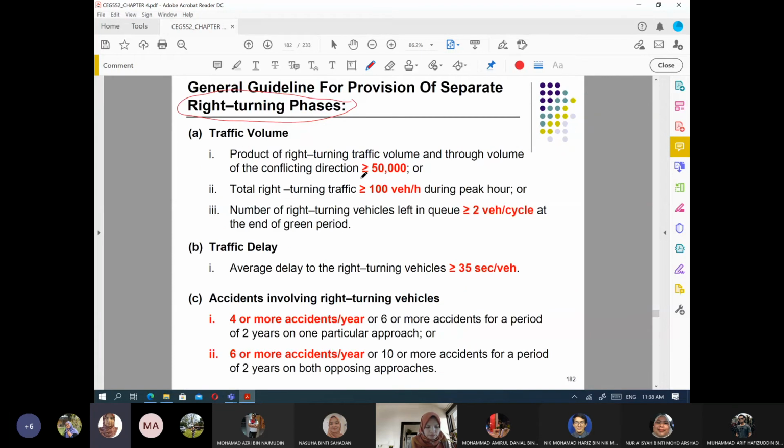See here, traffic volume combination lebih besar atau sama 50,000, total right turning vehicle lebih besar atau sama 100 vehicle per hour. Okay, number of right turn lebih besar daripada 2 vehicle per cycle, and then you kena provide provision of separate. Ini you can separate tandanya.